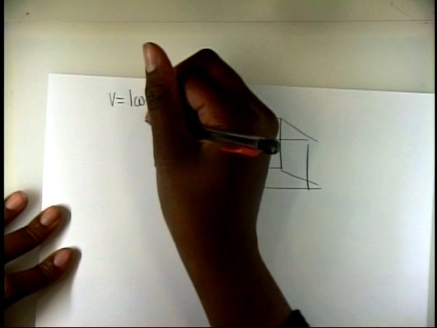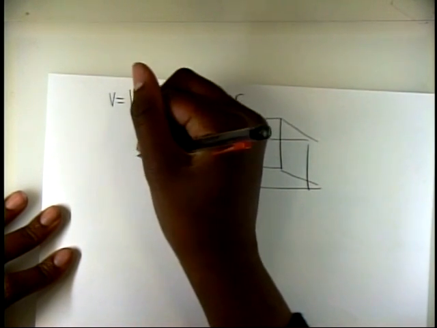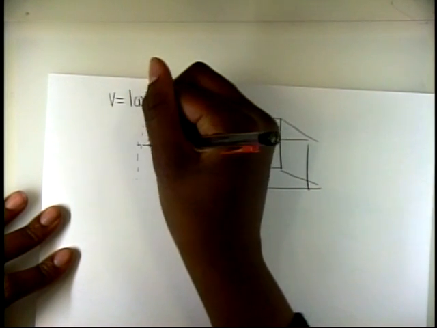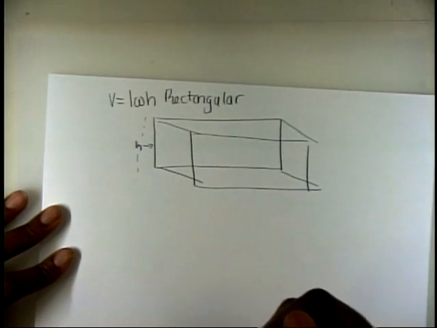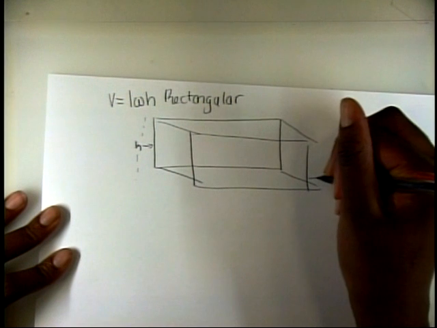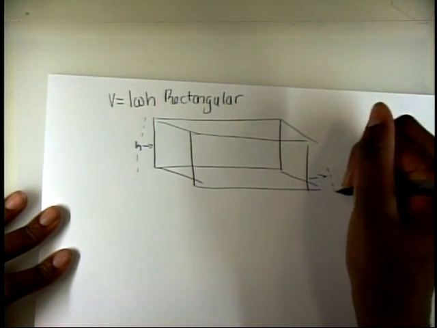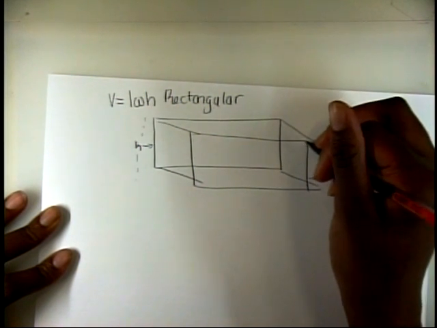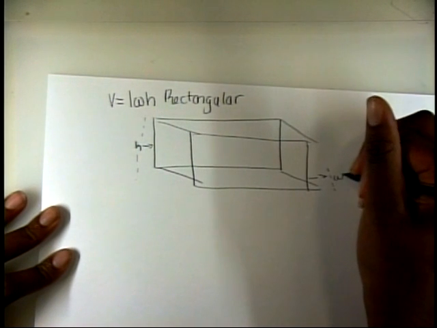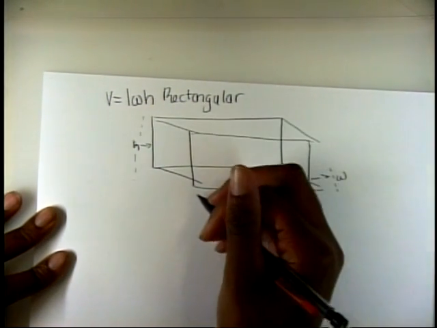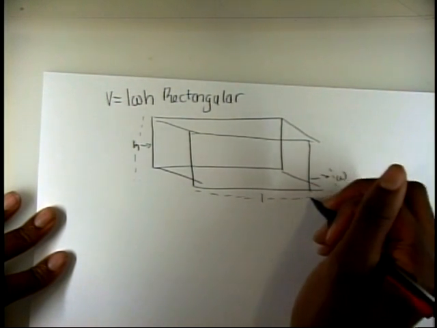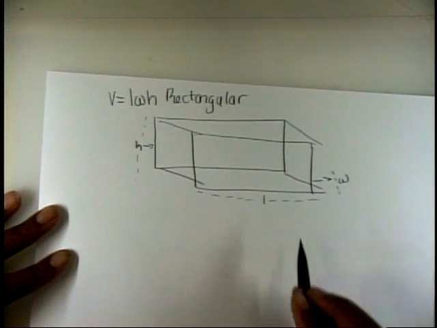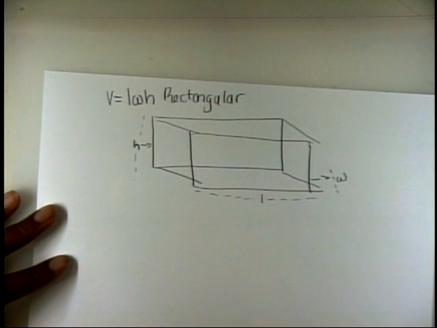My height is over here, the height of the rectangular. My width is at the bottom. And the length, to know how long it is at the bottom too.